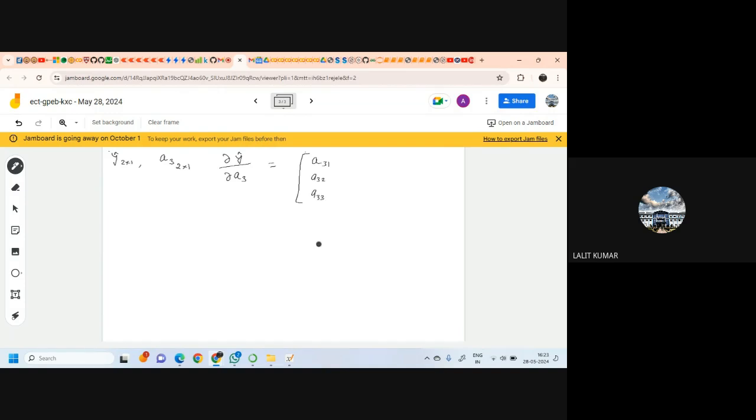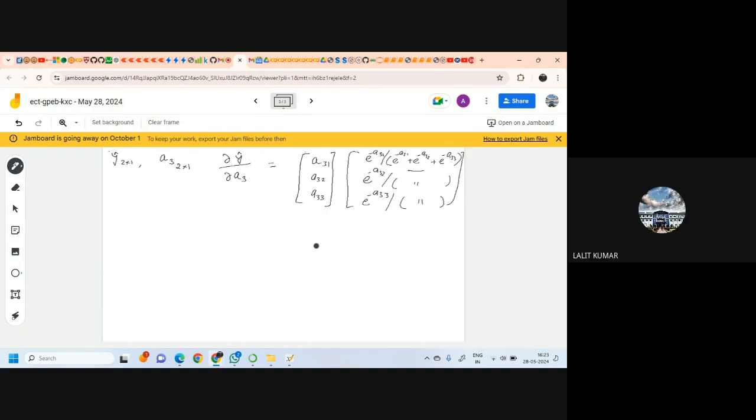Then y hat will become e to power minus a31 divided by e to power minus a31 plus e to power minus a32 plus e to power minus a33. The next term will become e to power minus a32, with the same denominator. And this becomes e to power minus a33 divided by the same term. This is H3.